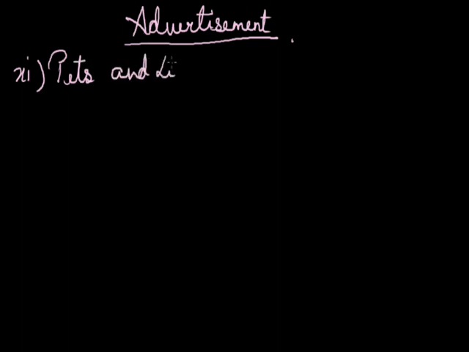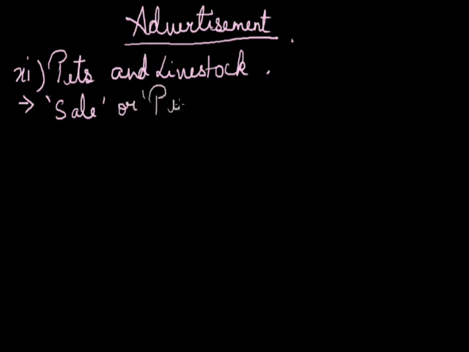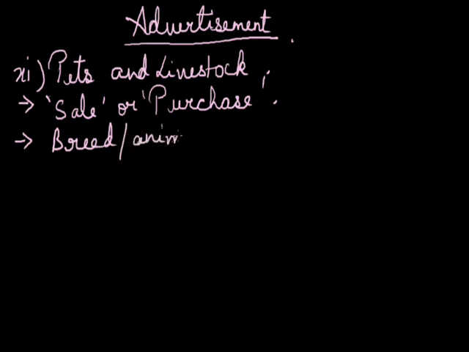and livestock. For that, the important point to be kept in mind is that it begins with the word sale or it begins with the word purchase. Second thing is that you have to specify the animal, or you can say you need to specify the breed of that animal.